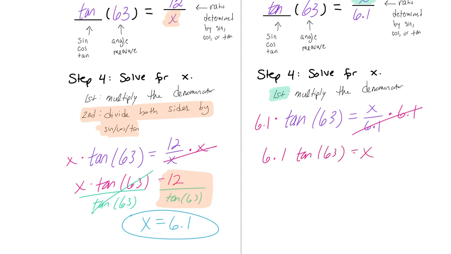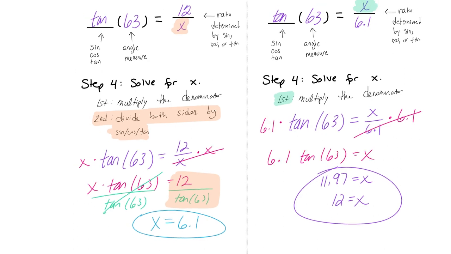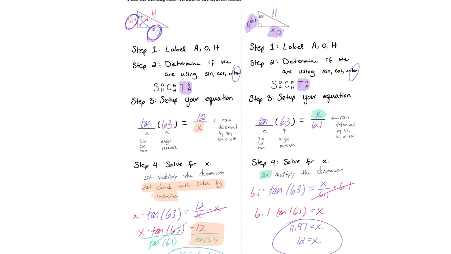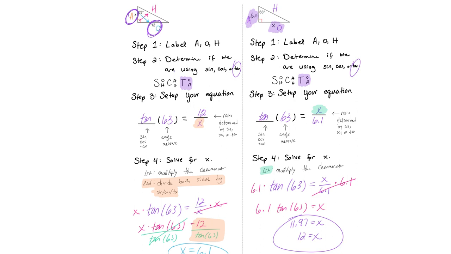And when I put that in my calculator, I end up getting 11.97, which is pretty close to 12, which would make sense because that would match our picture at the top, where the triangles look like they're exactly the same, but it is just a different side of the triangle that is missing.